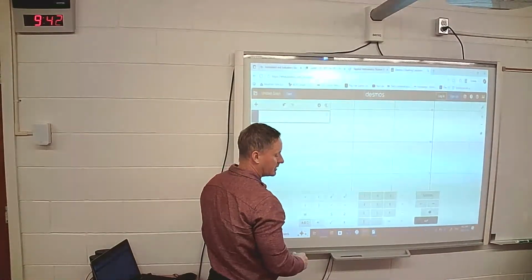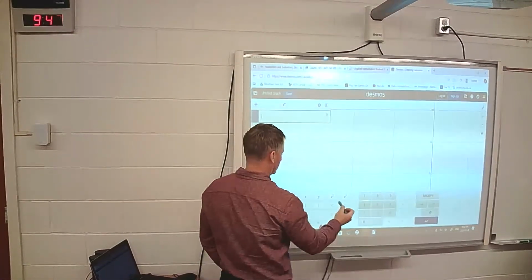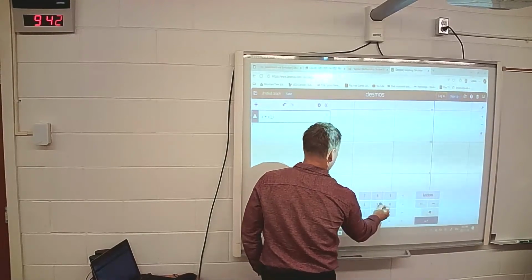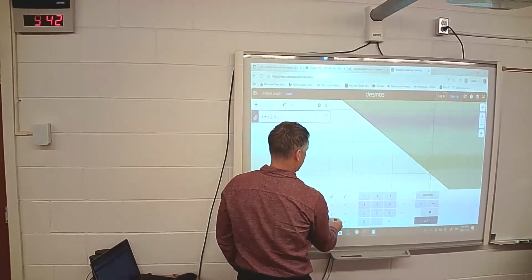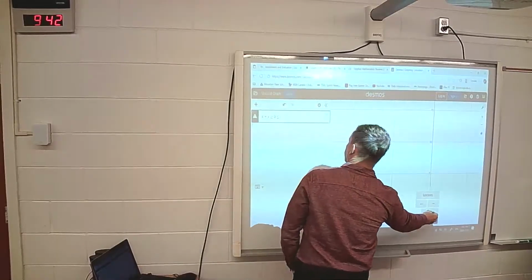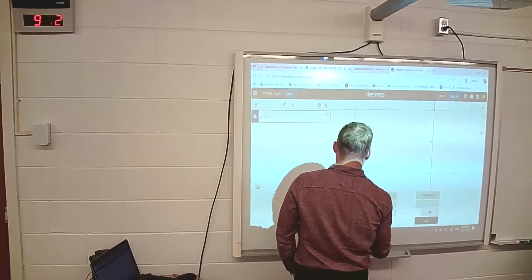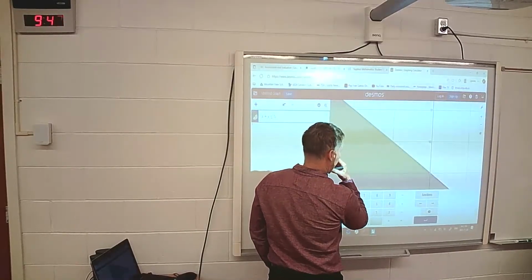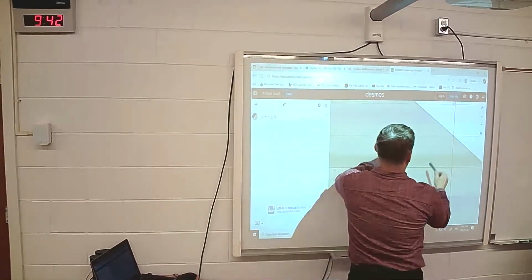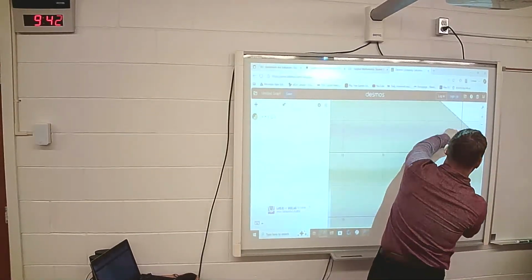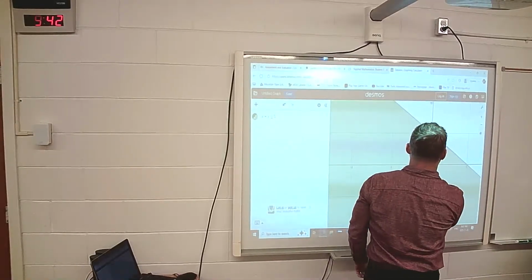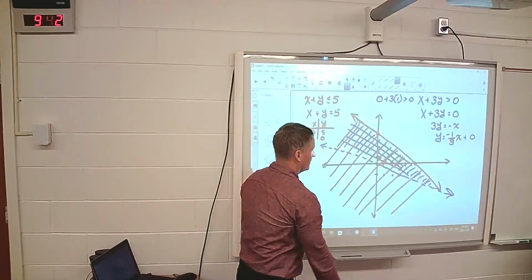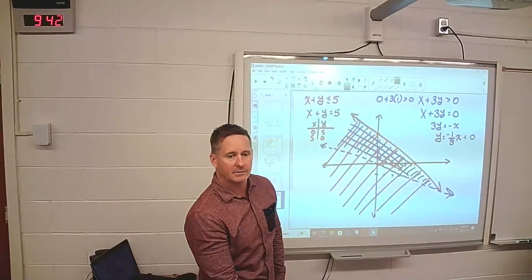What was equation number 1? X plus y is less than or equal to 5. Okay. So I have this right here. That's my red line.